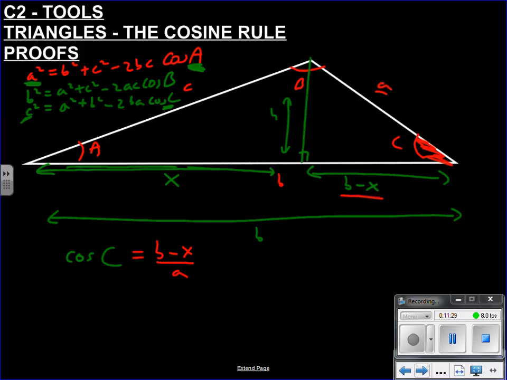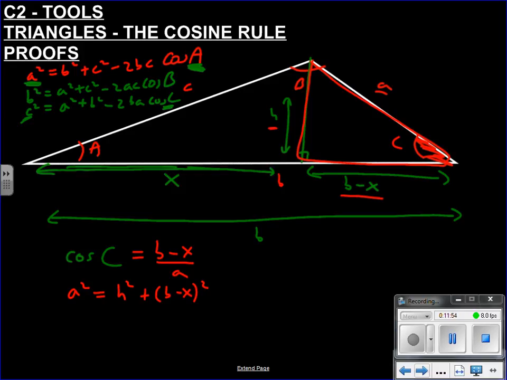What else do we know? We also know some Pythagoras stuff, don't we, in terms of h. So let's look at this first triangle here. We know that a squared, the hypotenuse squared, is the same as h squared plus (b minus x) all squared, don't we?